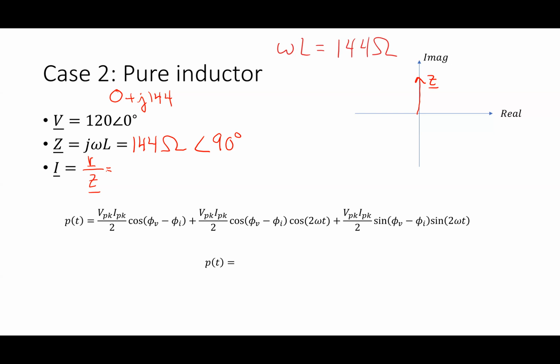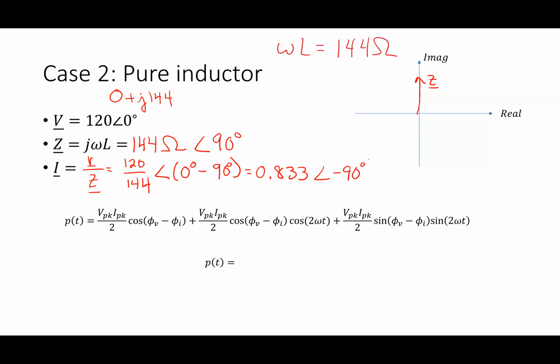So I've got 120 divided by 144, and the angle is going to be 0 degrees minus 90 degrees. So this works out to be 0.833 at an angle of negative 90 degrees.